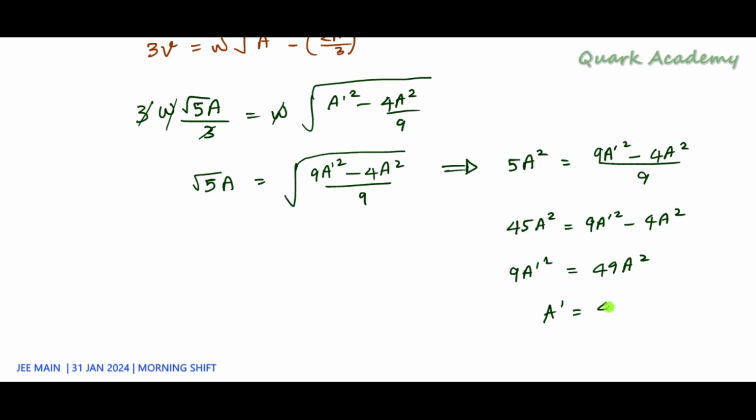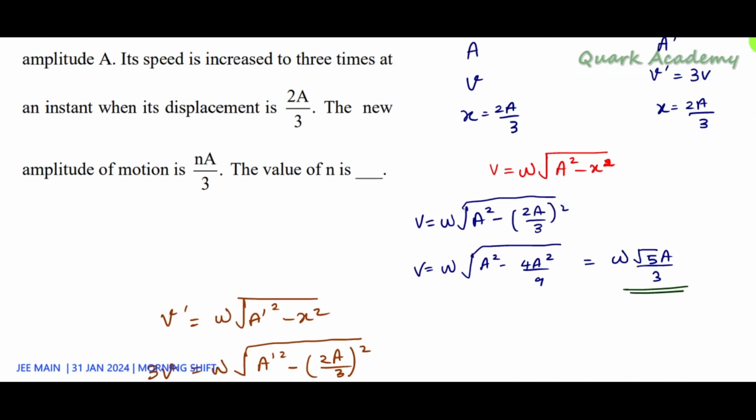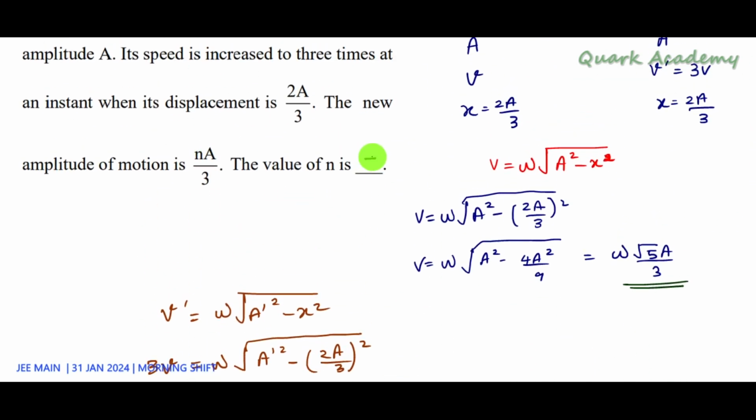So A dash equal to root of 49 by 9 A squared. This will become 7 by 3 A. So we are getting A dash equal to 7 by 3 A. Our new amplitude is 7 by 3 A. So here n should be 7.